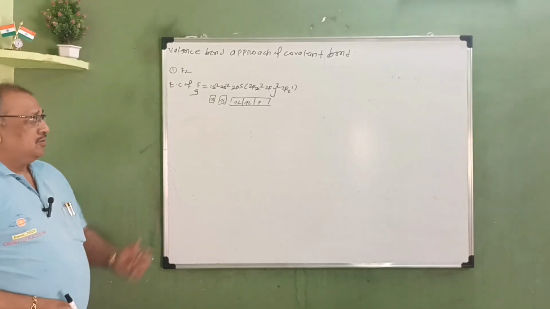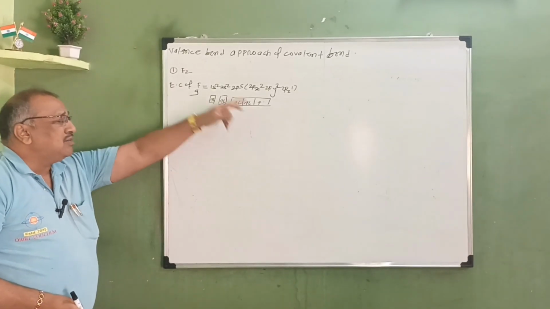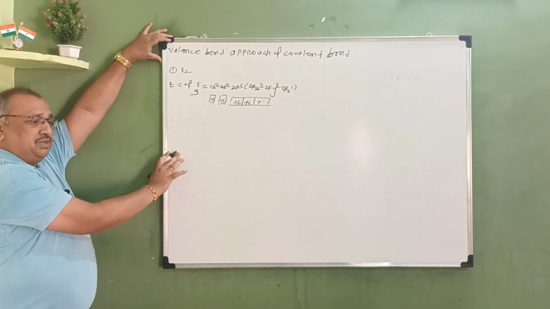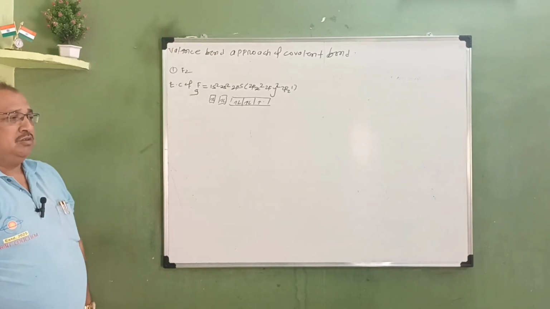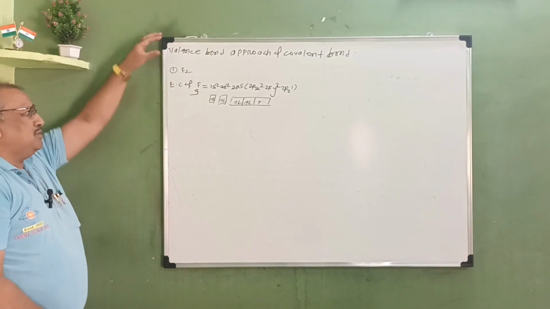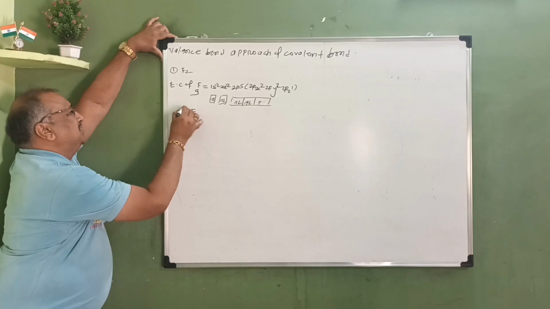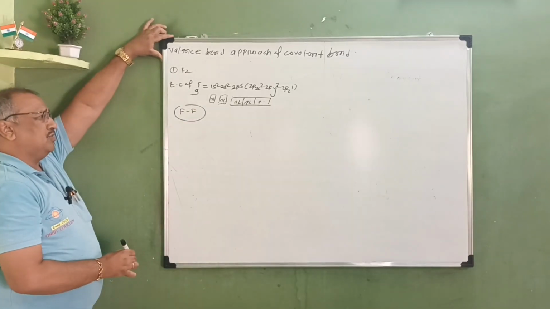That means the fluorine atom has only one unpaired electron, which is present in the 2pz atomic orbital, or fluorine has only one half-filled atomic orbital. That means a single bond exists between two fluorine atoms.